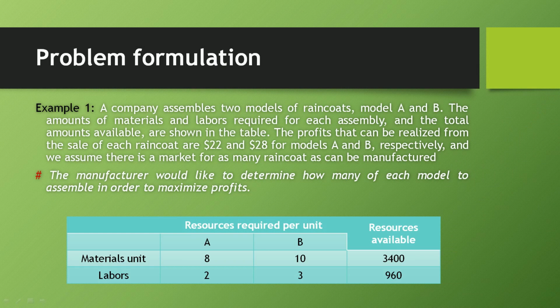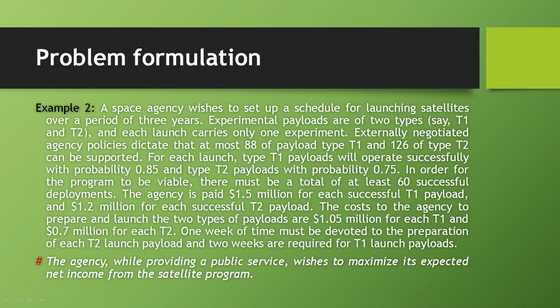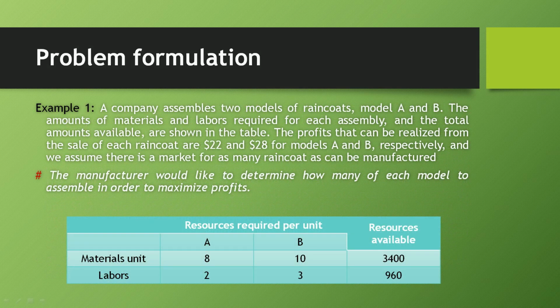That means in order to produce one raincoat, we need 8 material units for model A and 10 material units for model B. The maximum material units available are 3400. Okay, and in order to produce one unit of model A, we need 2 labor units, and in order to produce one unit of model B, we need 3 labor units, and the maximum amount of labor available is 960.